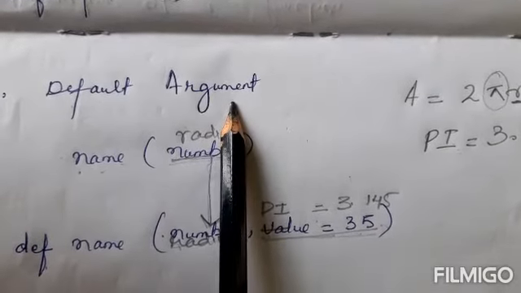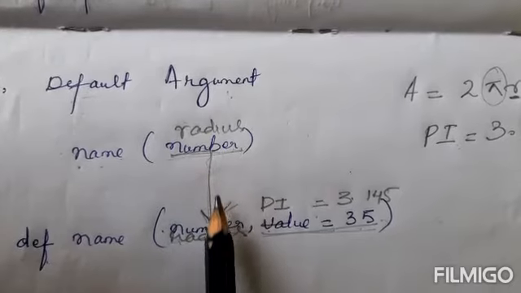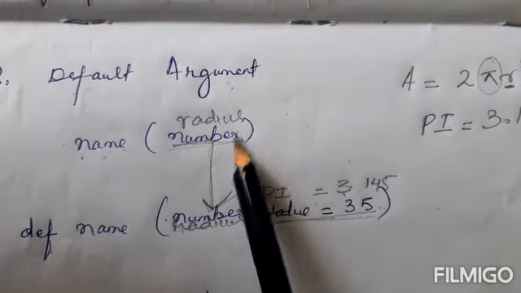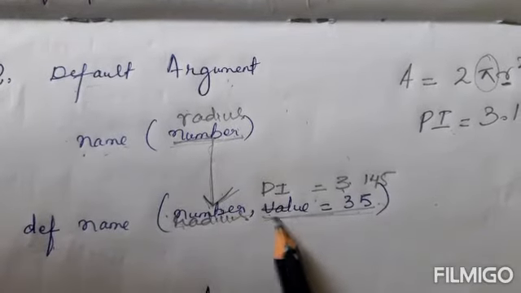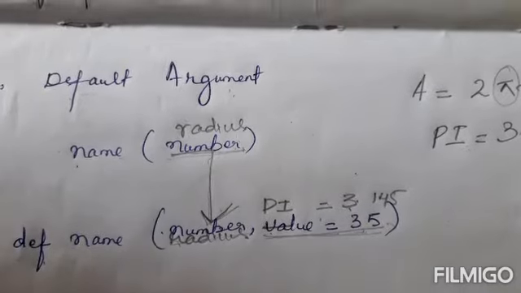That means passing the argument by default value: you pass only the value that will change, and the constant value you need not pass from the function call, but you just mention it in the function definition and use it there.